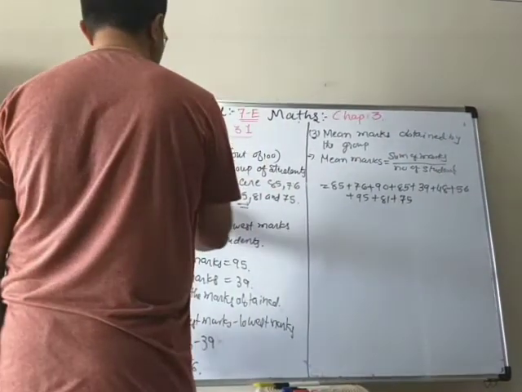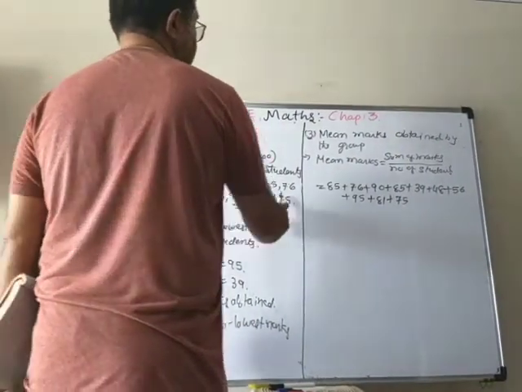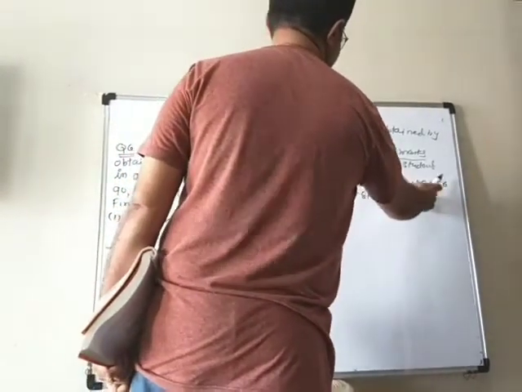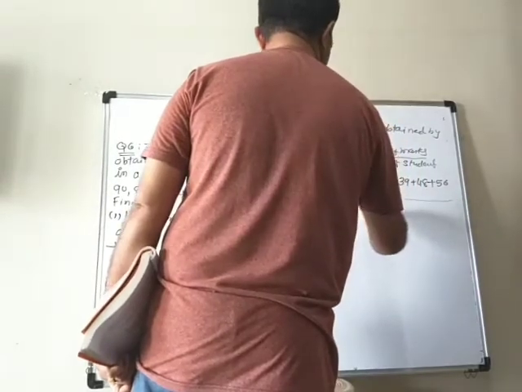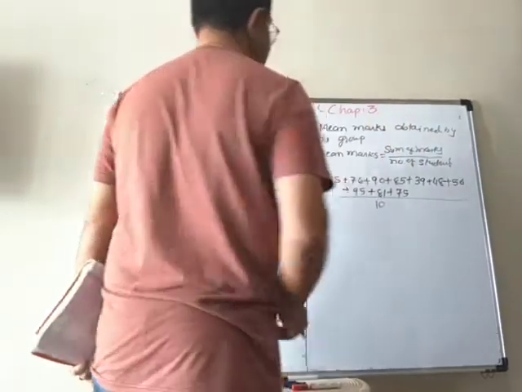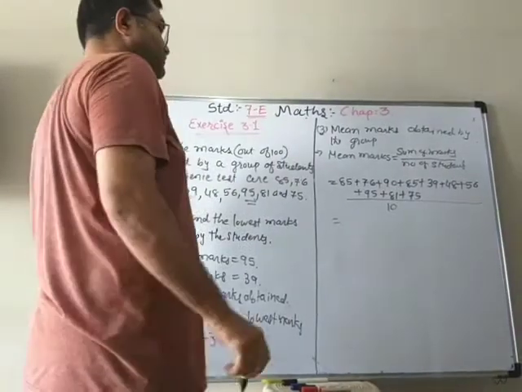There are 10 students. Divide by 10. So now we have to add the numbers.